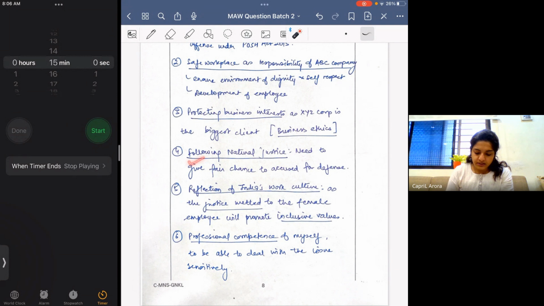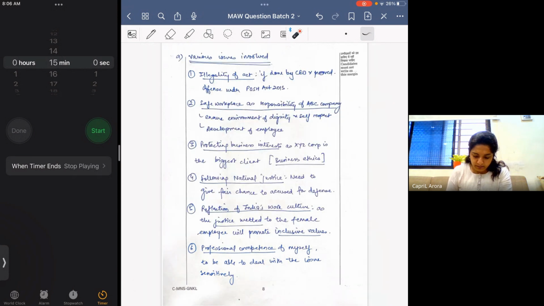Following natural justice, need to give a fair chance to the accused for defense. Reflection of India's work culture, as the justice meted out to the female employee will promote inclusive values, and if justice is not given, it will show that India's workplaces are still not female friendly. Professional competence of myself to be able to deal with the issue sensitively.